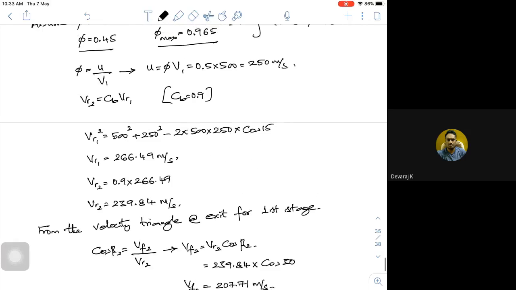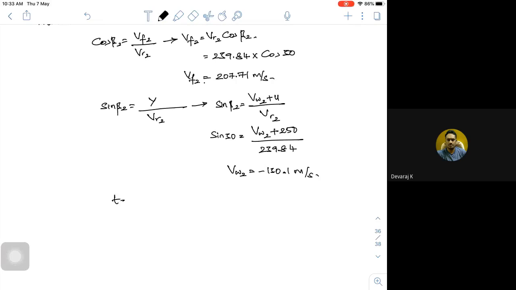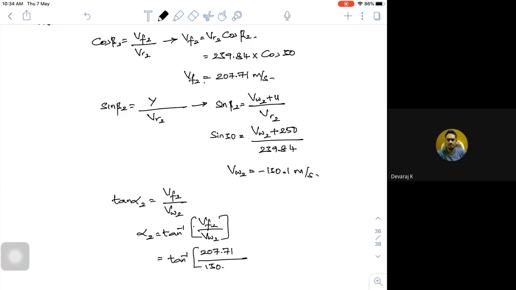Now, how to get your alpha 2? Take tan alpha 2 is equal to VF2 divided by VW2, or alpha 2 is equal to tan inverse of VF2 by VW2, that is tan inverse of 207.71 divided by 130.1.